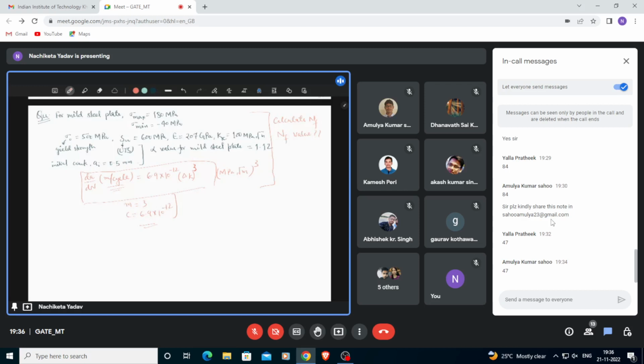Can anyone tell me the process here? And this alpha is the geometric factor, you can say.